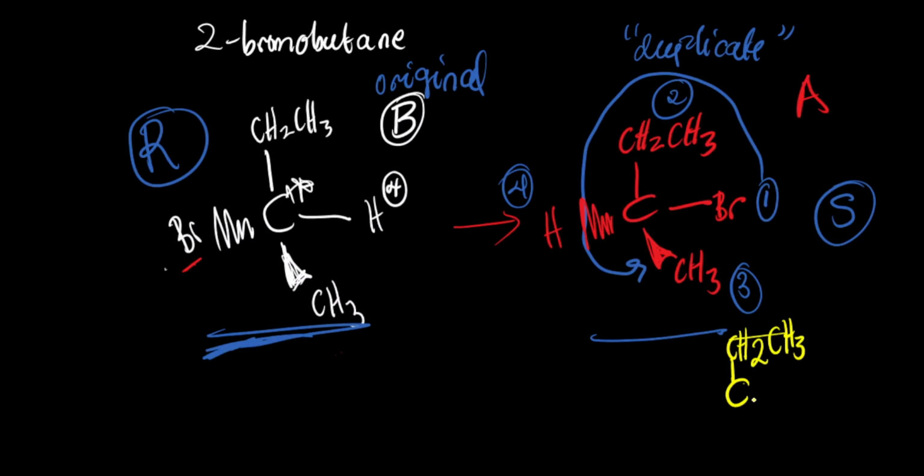Right here, I have decided to interchange bromine and methyl. So right here, I would have methyl. On the solid wedge, right here, I would have bromine. And on my dashed wedge, I still have a hydrogen. So this new molecule is a double interchange of the original.